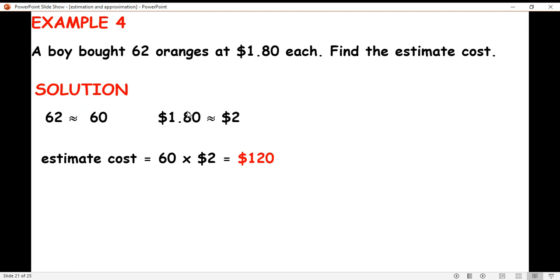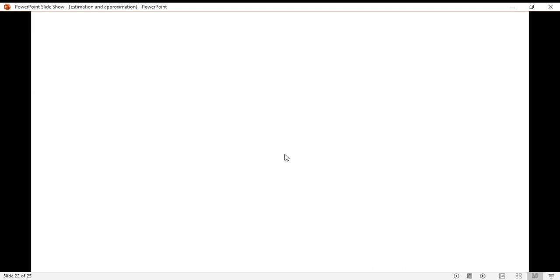By the time you round it up, you add 1 to the left. So 1 plus 1 will give you 2, while the remaining digits return to 0. That will be what? $2. Okay? The estimate cost will now give you the approximated values, which is 60 multiplied by $2. That will give you $120. $120. That's the solution to that problem.